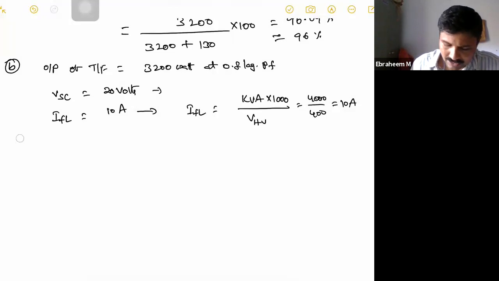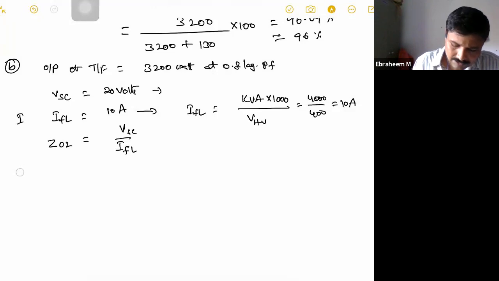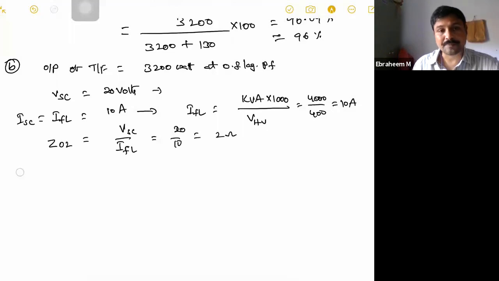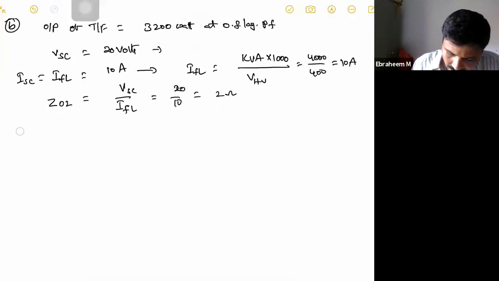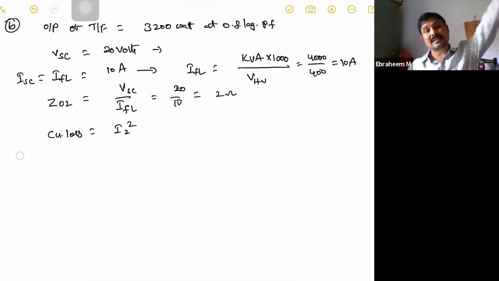Now we can calculate Z02, that is VSC by ISC or IFL. Sometimes it is also called ISC. So VSC is 20 by 10, this is 2 ohms. Now copper loss is equal to I2 square R02, where I2 is the secondary side, the high voltage side.